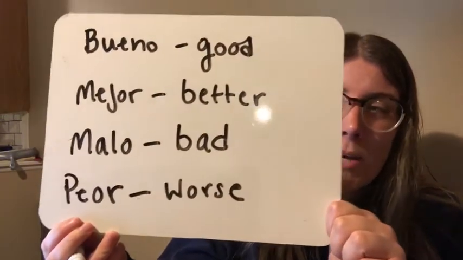Our next one, bad. We know bad is malo. To say worse, you say peor. So, malo, bad, peor, worse. Now remember, these can all be plural, and if they end in an O, they can be feminine. So, buenos, buenas, buena, mejores, peores. That's how you make these plural.